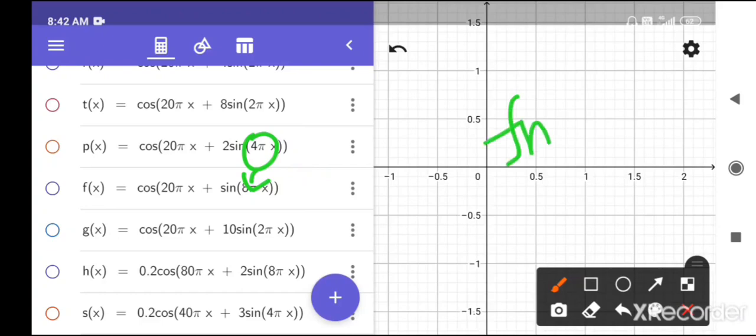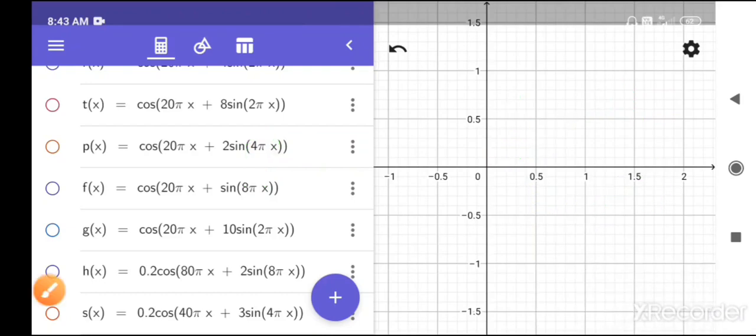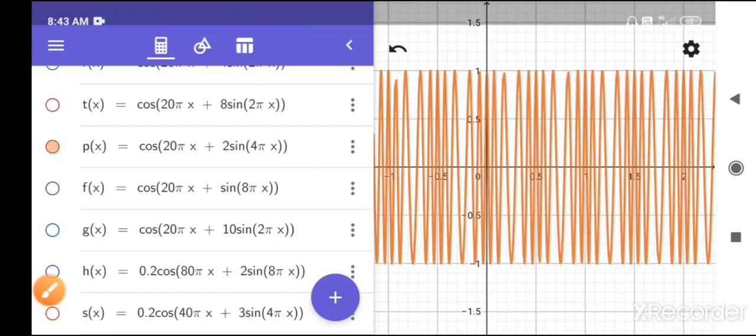Before we were using fm equal to 1. Here we are using fm equal to 2. So now we observe the waveform.